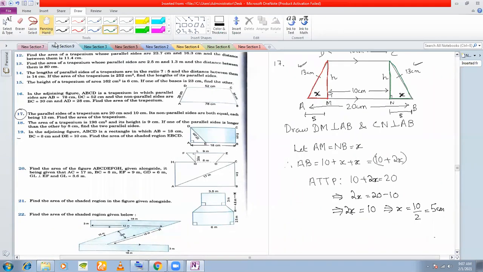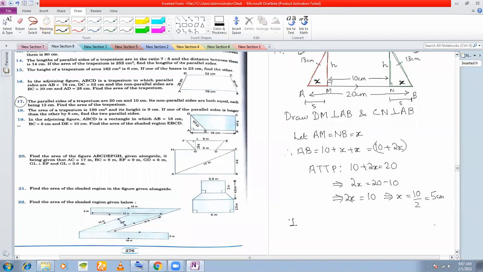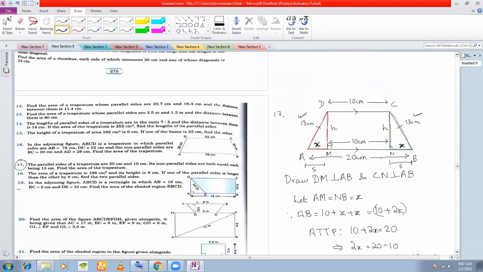So in the right angle triangle AMD, which one is the hypotenuse? This one is a 90-degree angle, right? So therefore, this 13 centimeter must be the length of your hypotenuse. That means this side AD is your hypotenuse.